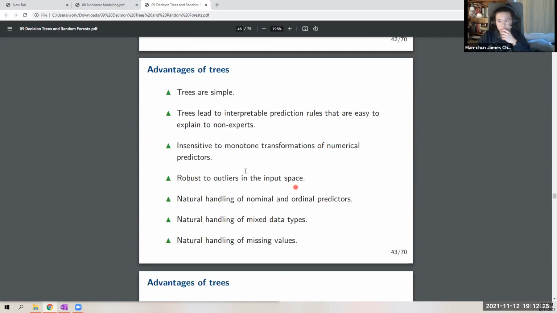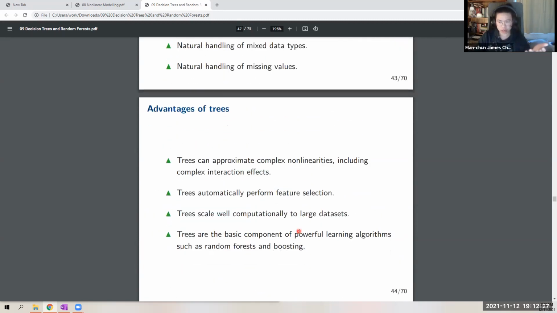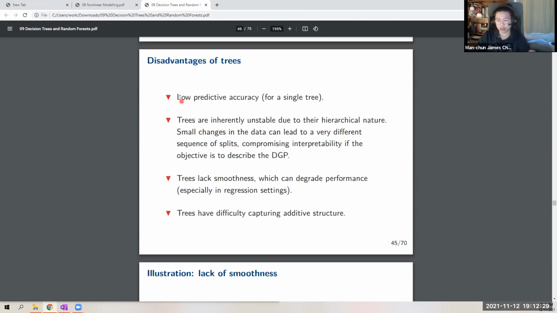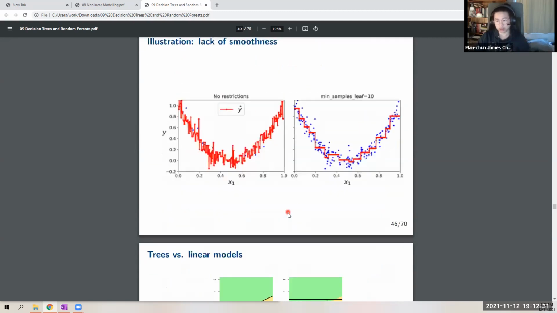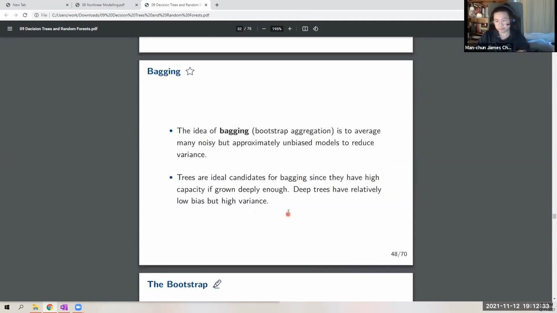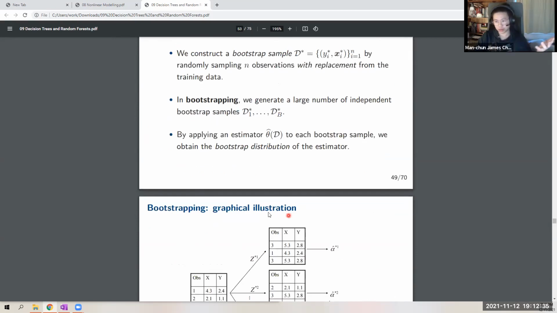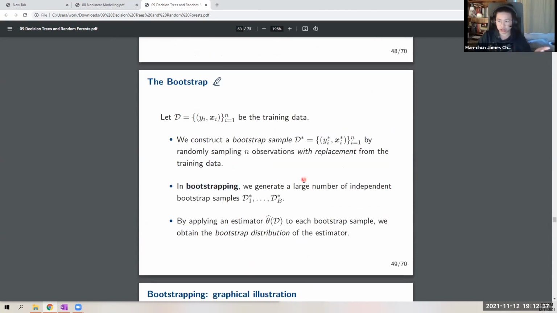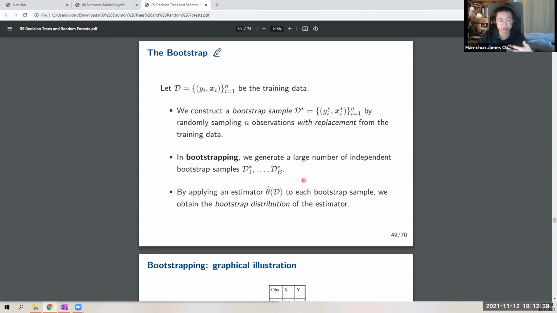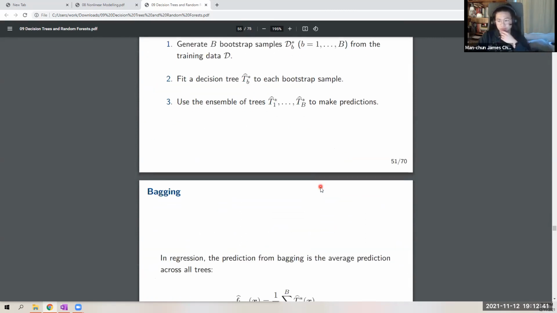Make sure you know the advantages and disadvantages of trees. Bagging is a very cool idea. It uses bootstrapping, where you sample with replacement, which I explained in the tutorial.